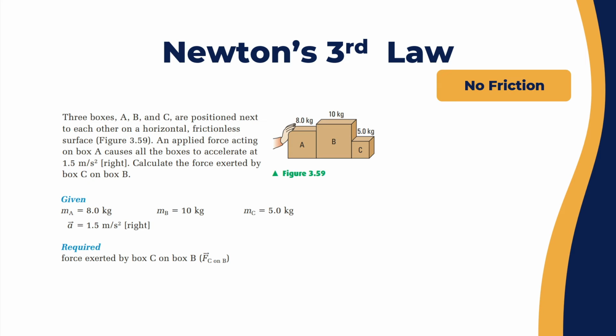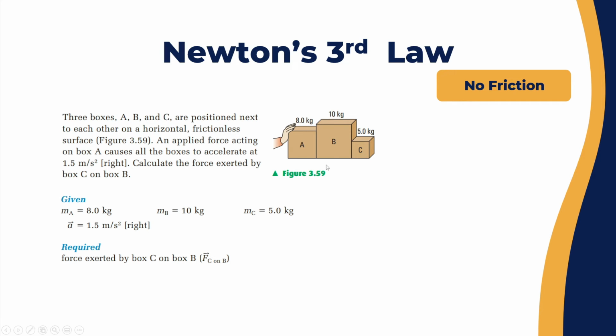Let's take an example on Newton's third law in the ideal world, or in the real world. In other words, there is friction involved in all applications where you can observe Newton's third law in natural life. But we will start with an example on how to apply Newton's third law in the simplest form. We will assume there is no friction. So in this example, we have three boxes.